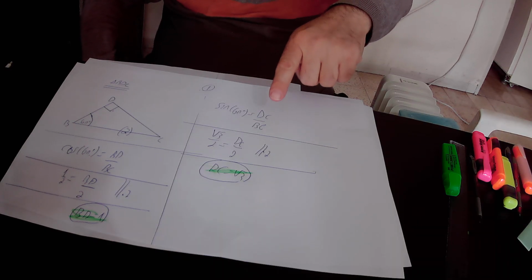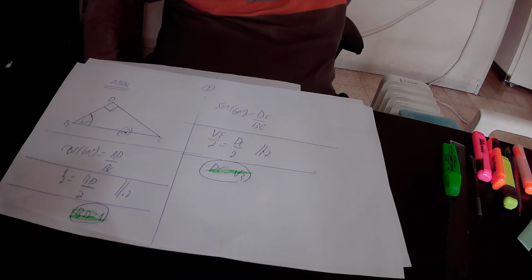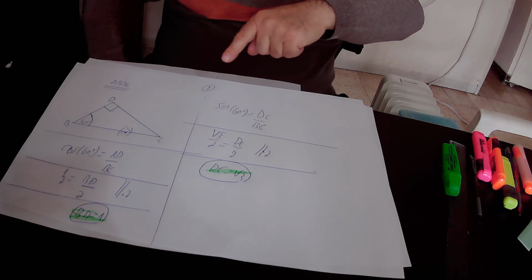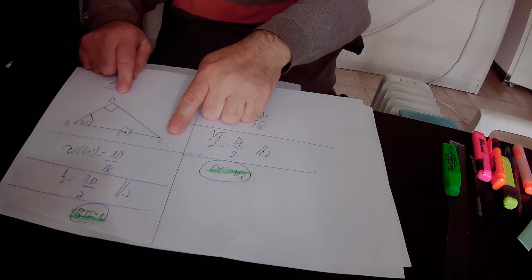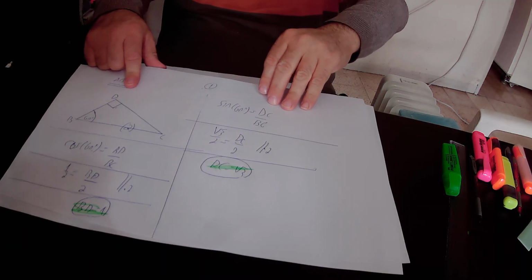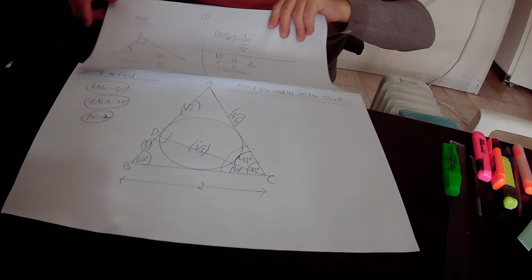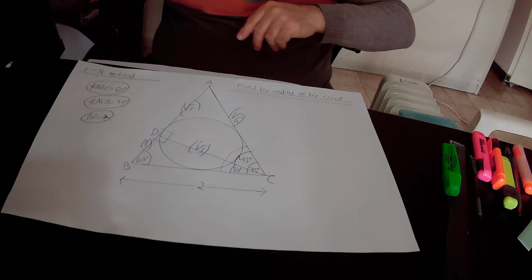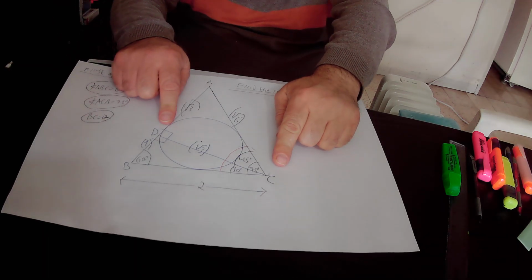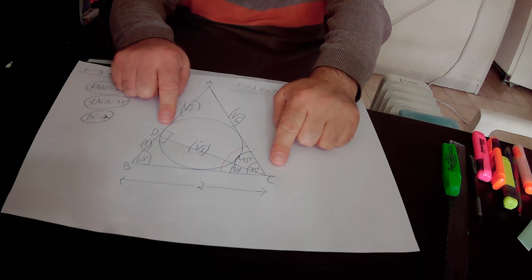Here we multiply this equation by 2 and finally find out that DC equals the square root of 3 units in its length. So we can write down in the original drawing that this line segment DC equals square root of 3 units in its length.